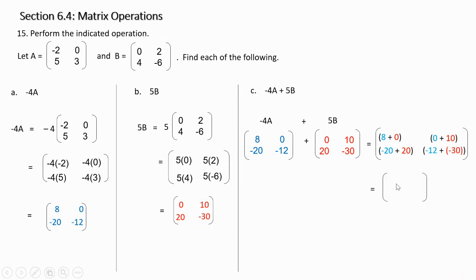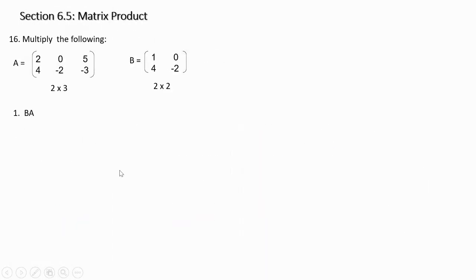The result is going to be 8, 10, 0, because negative 20 plus 20 is 0. Negative 12 plus negative 30 will give us negative 42. That's my result.